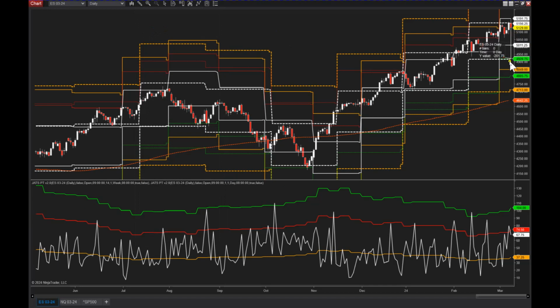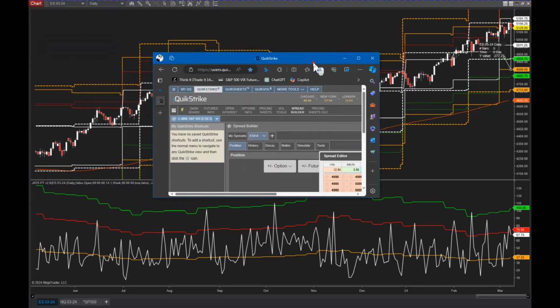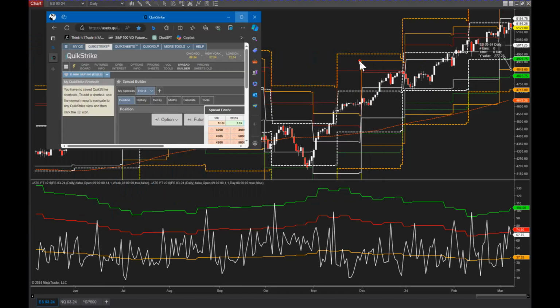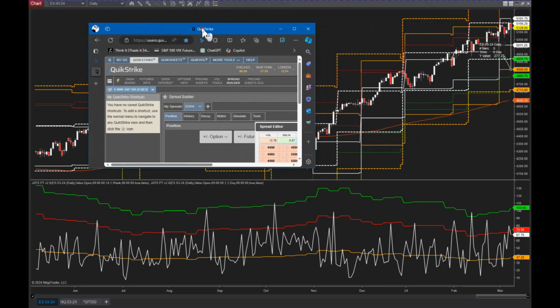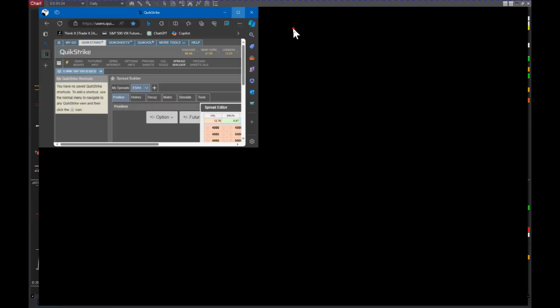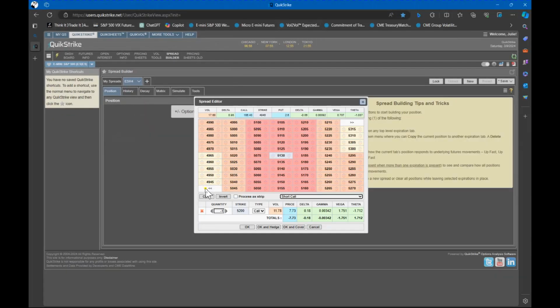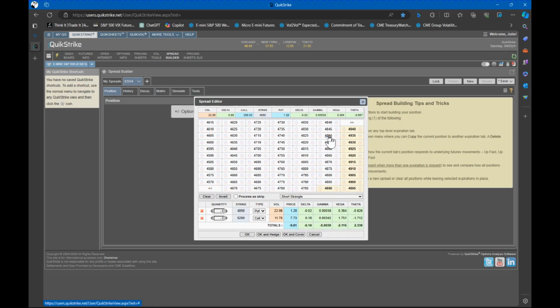That would take us down to the 30-day one. Let's see what the options are for the put. Way down here. That may not be enough.